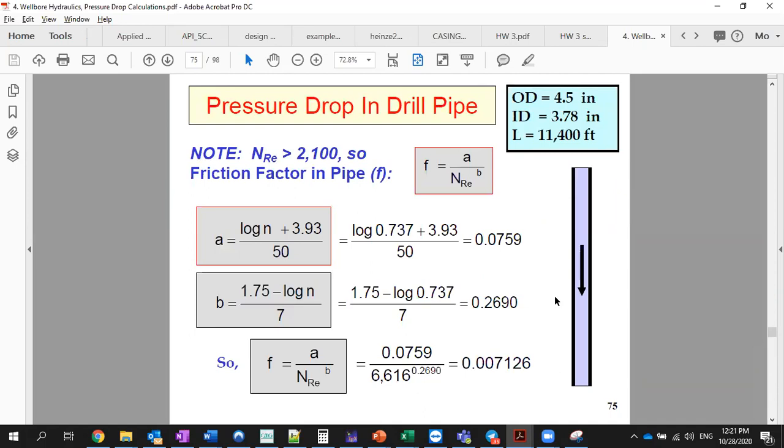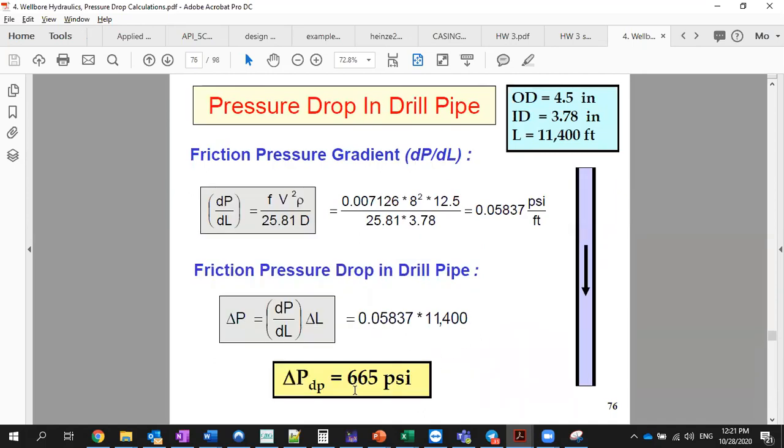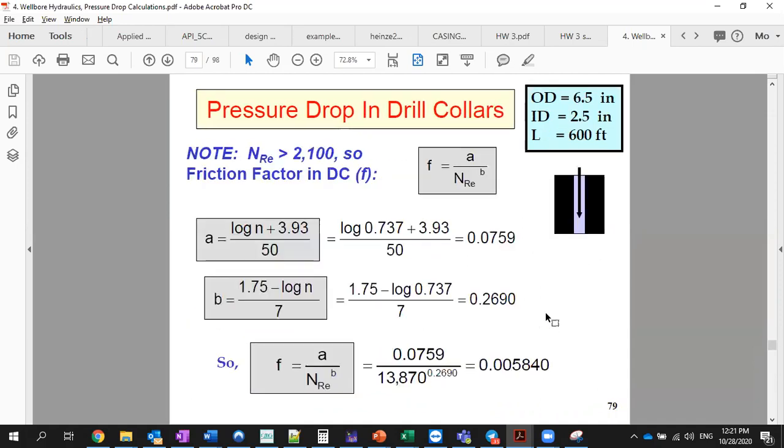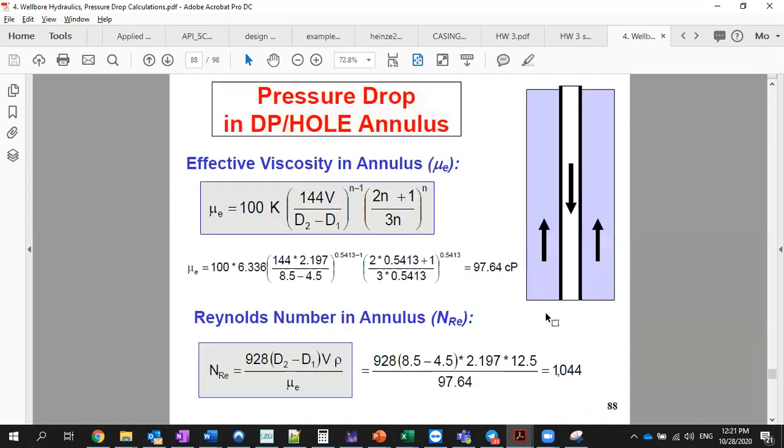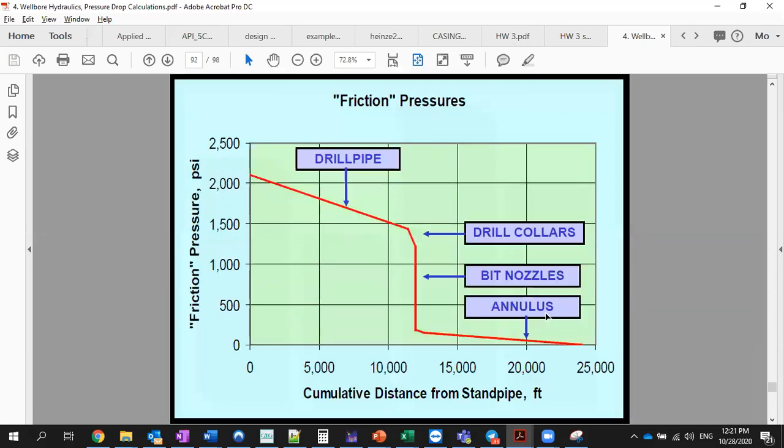That is equal to 615 psi, so your pump pressure, which started at 2,100, drops by 615 psi. That comes to around 1,500 psi. That's this point, still inside your drill pipe. That's how this line is drawn.